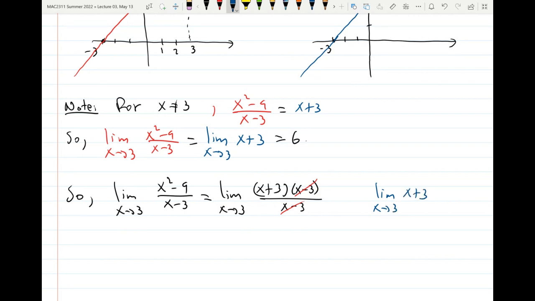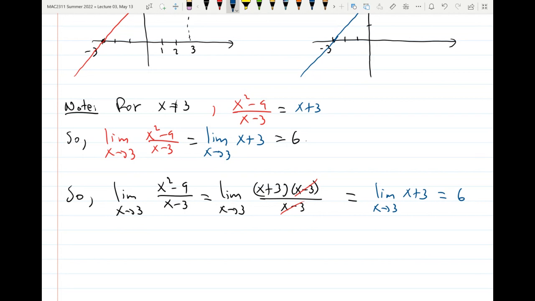Now, the function x plus 3 and our function are basically the same. It's just that they don't agree at 3 itself, but around 3, they are the same. So we can still write equal here because the limit is not going to change. Remember, limit does not care what happens at 3, but what happens around 3 in this particular limit that we're computing. And now, this is 6, and we are done. You compute this pretty easily in one line. No need to do table values, no need to graph, nothing like that.